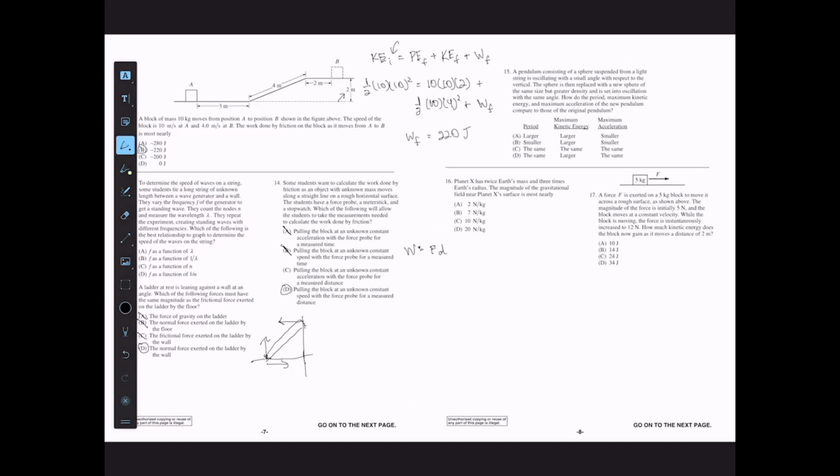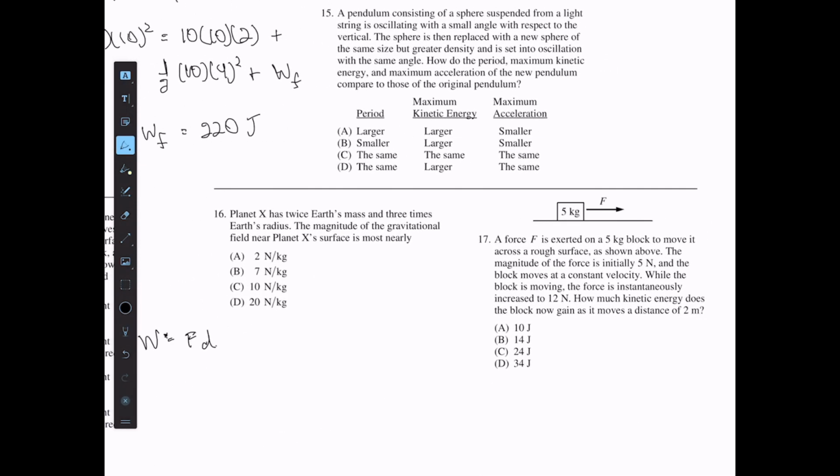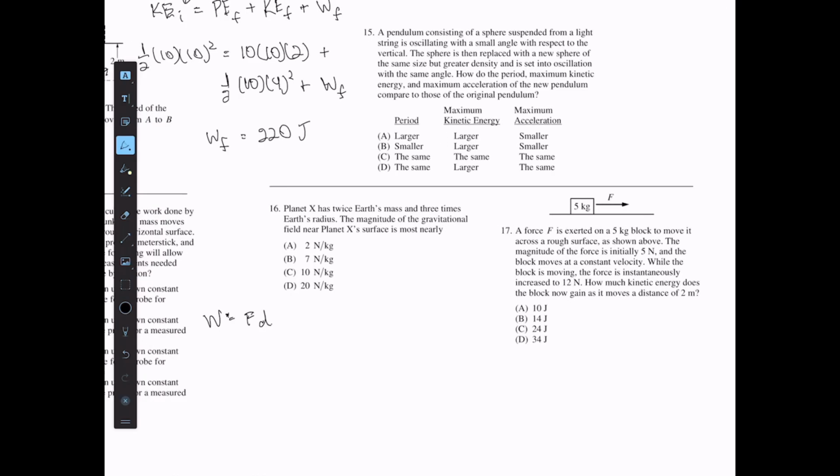Okay. A pendulum, number 15. A pendulum consisting of a sphere suspended from a light string is oscillating with a small angle with respect to the vertical. The sphere is then replaced with a new sphere of the same size but greater density and set into oscillation with the same angle.